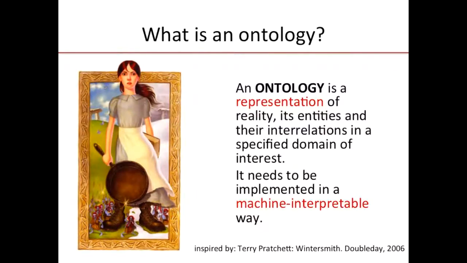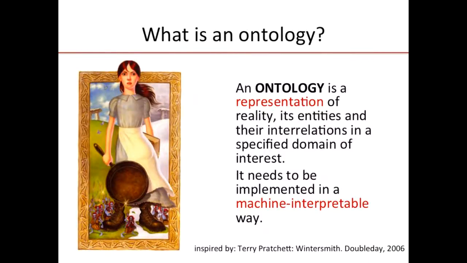The definition of an ontology is a representation of reality. So an ontology is a representational artifact. It is meant to represent something in the world.